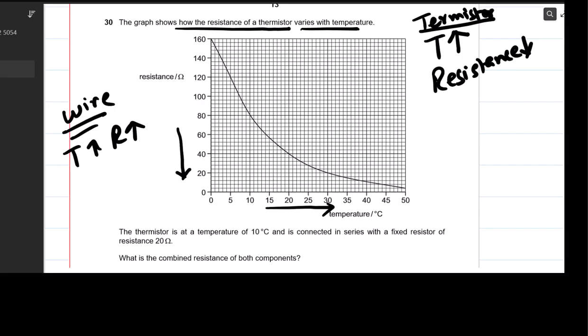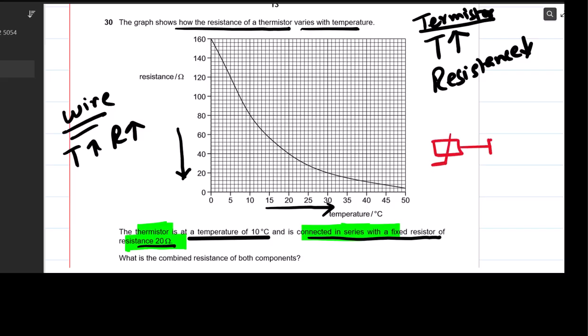So the thermistor is at temperature 10 degrees Celsius and is connected in series with a fixed resistor of resistance 20 ohm. So a 20 ohm resistor is connected in series with the thermistor. So what is the resistance of this?